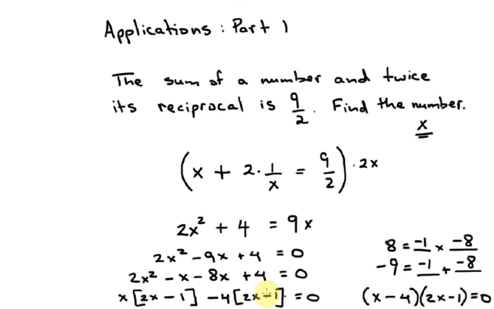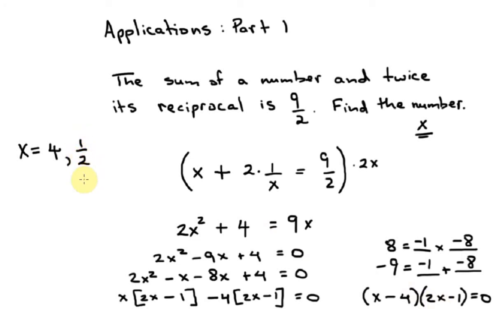Okay, so what are our two solutions for x? Well, it looks like x could be 4, because if I put a 4 in here, it's going to turn that to 0, which makes the whole thing equal 0. So 4. And then the other number that actually works is if you make your 2x minus 1 turn to 0, which means x would have to be 1/2.